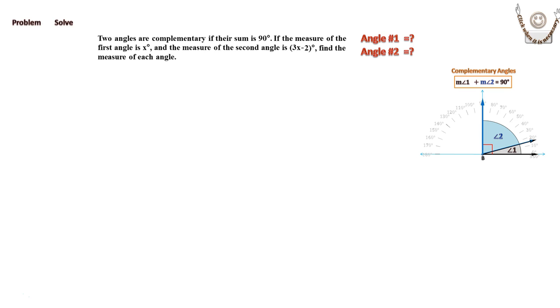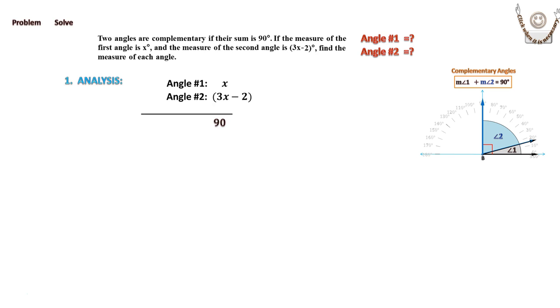We are looking for the measure of angle number 1 and angle number 2. We don't know the measure of angle number 1, we don't know the measure of angle number 2. But what we do know is that they are complementary angles, so their sum, if we add them together, is supposed to be 90 degrees.